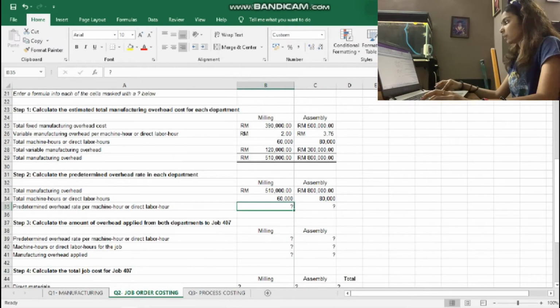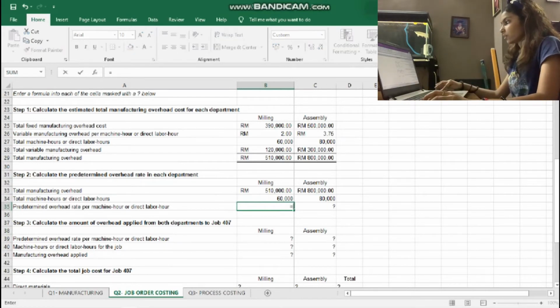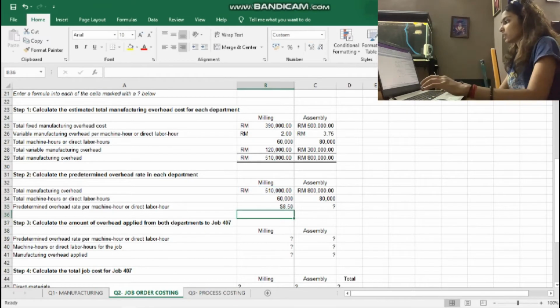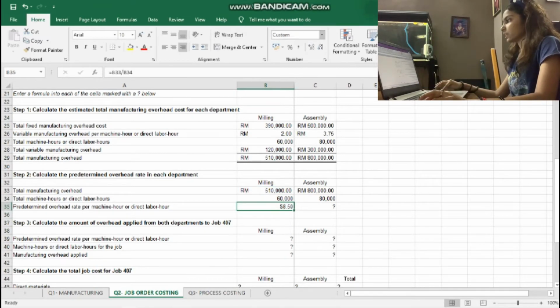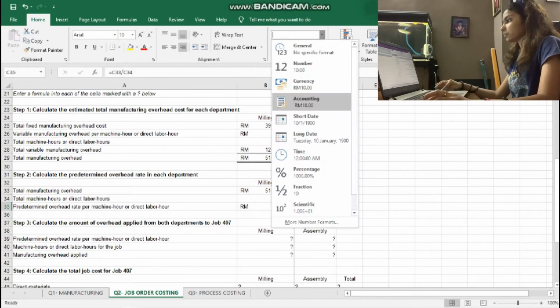So for predetermined overhead rate per machine hour is 510,000 divided by 60,000 will get 8 ringgit 50 cents. And for assembly is the same, 800,000 divided by 80,000 will get 10 ringgit.